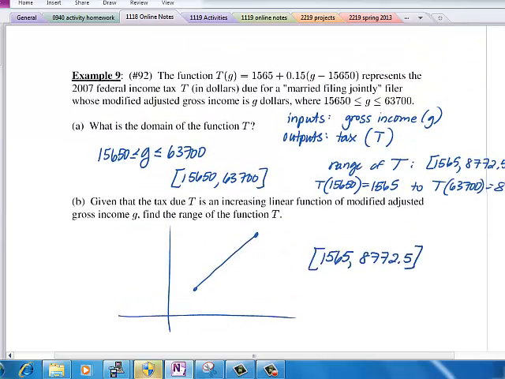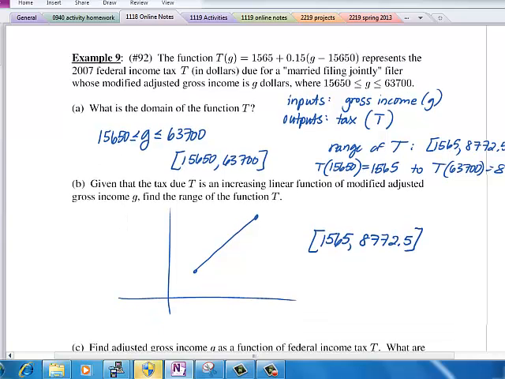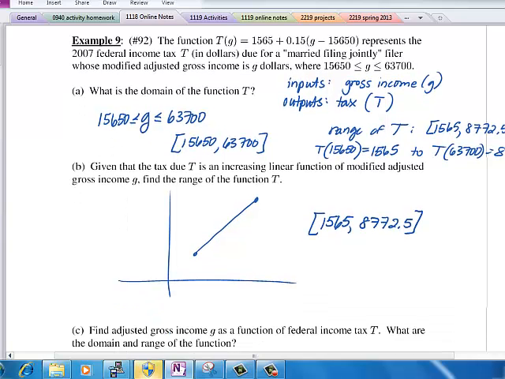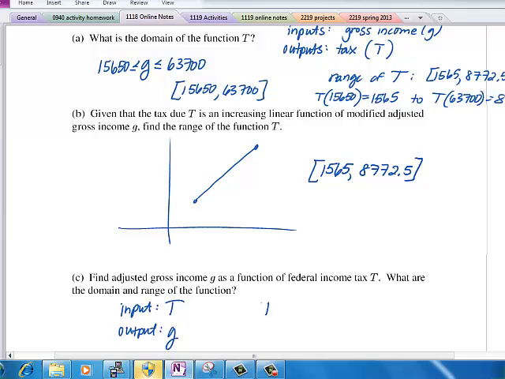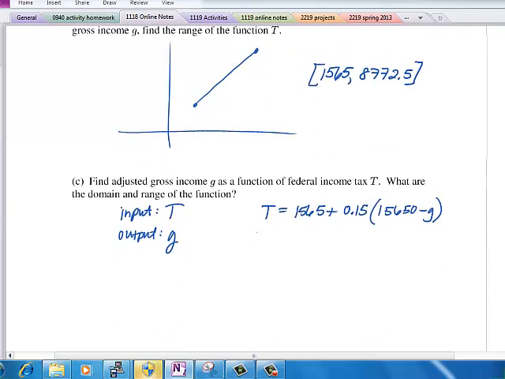So we want to take the relationship we had, t equals 1565 plus 0.15 times g minus 15650, and solve for g. So they're just asking us to reverse the relationship, or find the relationship in the other order.